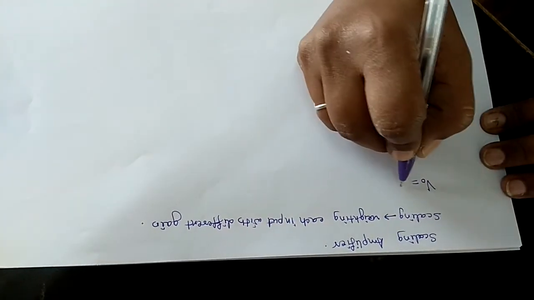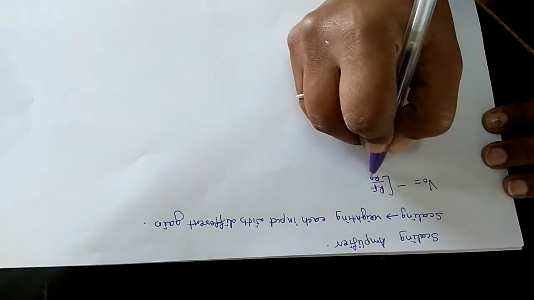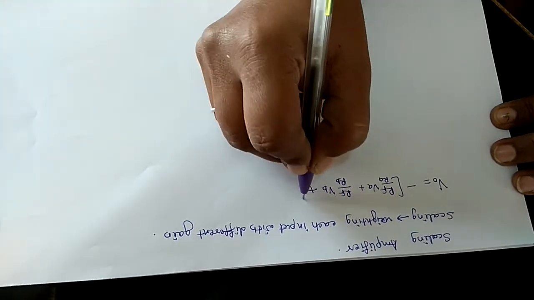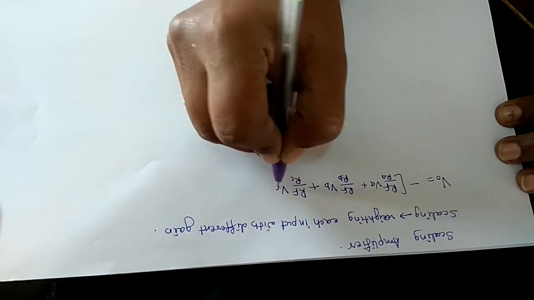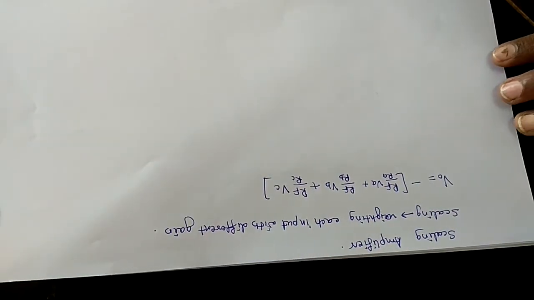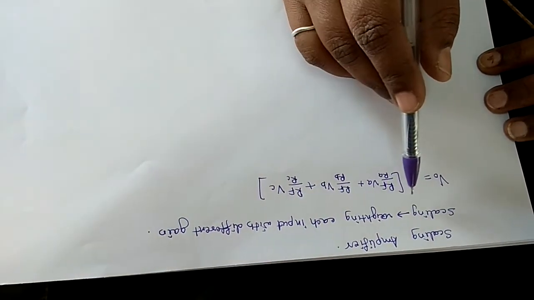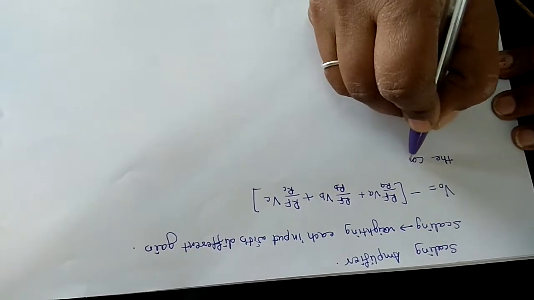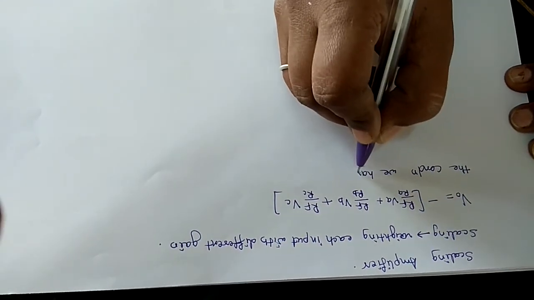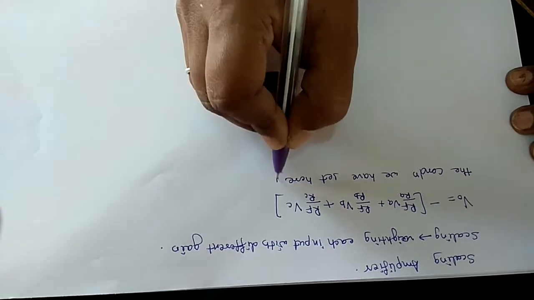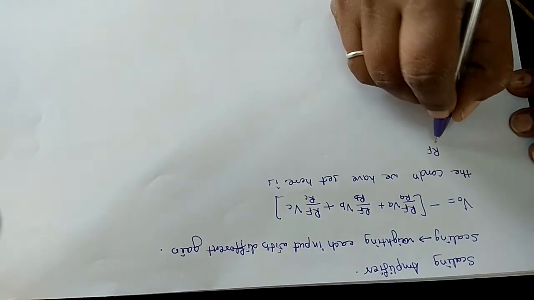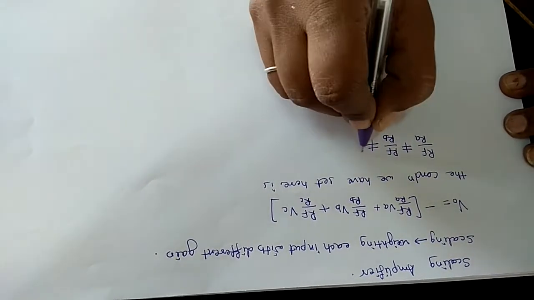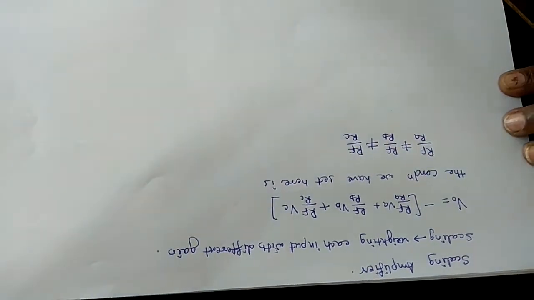We have equation number 3 as minus RF by RA into VA plus RF by RB into VB plus RF by RC into VC. The equation itself acts as a scaling amplifier. The condition that we have to set here is that all the gain factors, RF by RA, must not be equal to RF by RB, must not be equal to RF by RC.